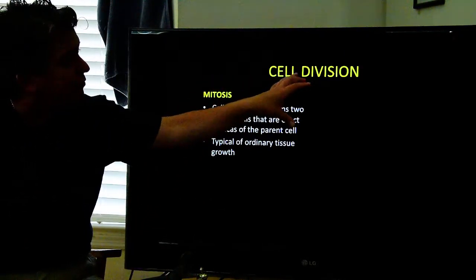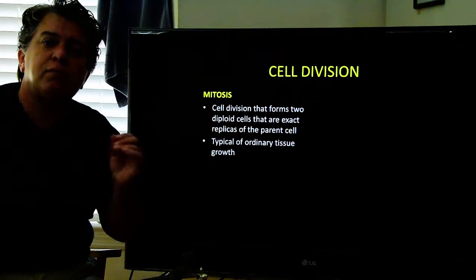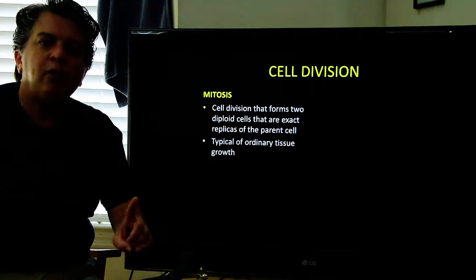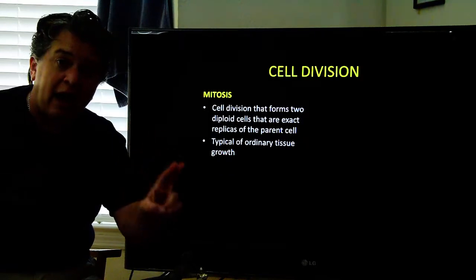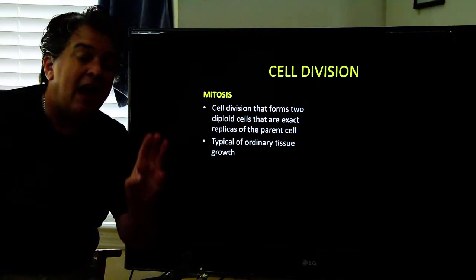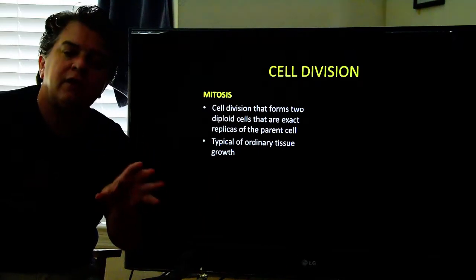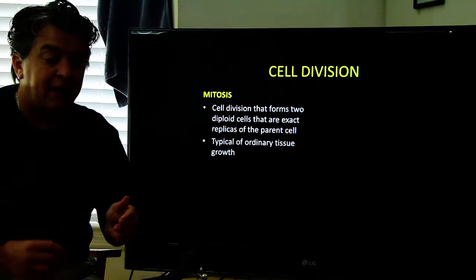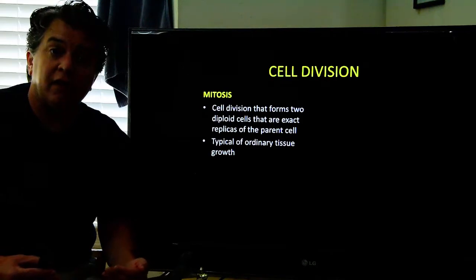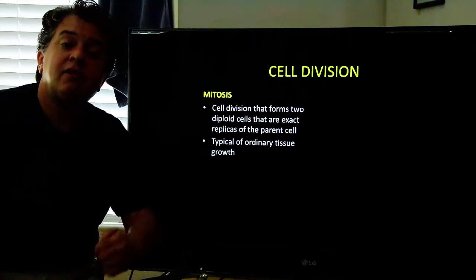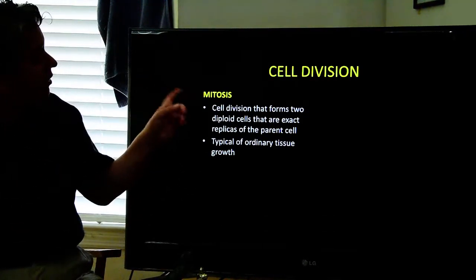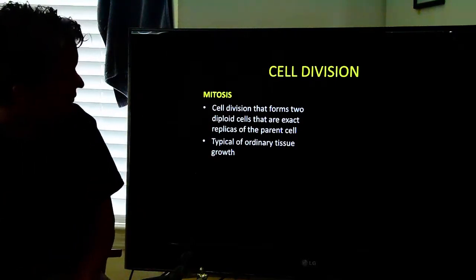So we're going to take a look at cell division because this will explain how we get diploid cells, how we get haploid cells, and how we get some of the variability in offspring that Darwin was noticing that ultimately leads to natural selection. So let's start with mitosis.